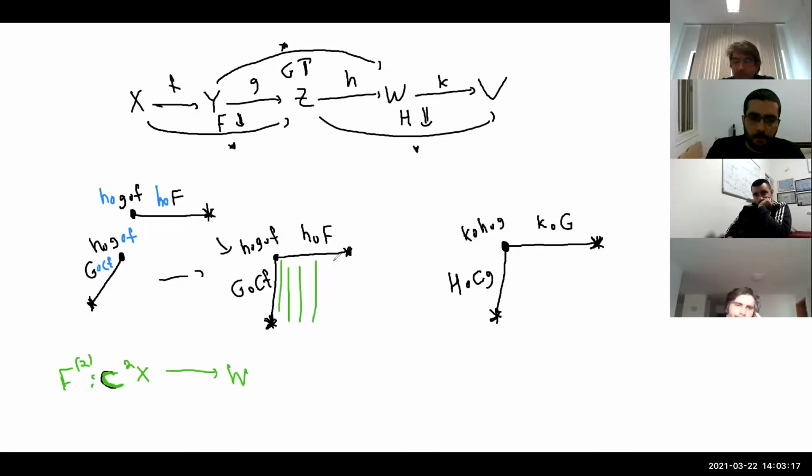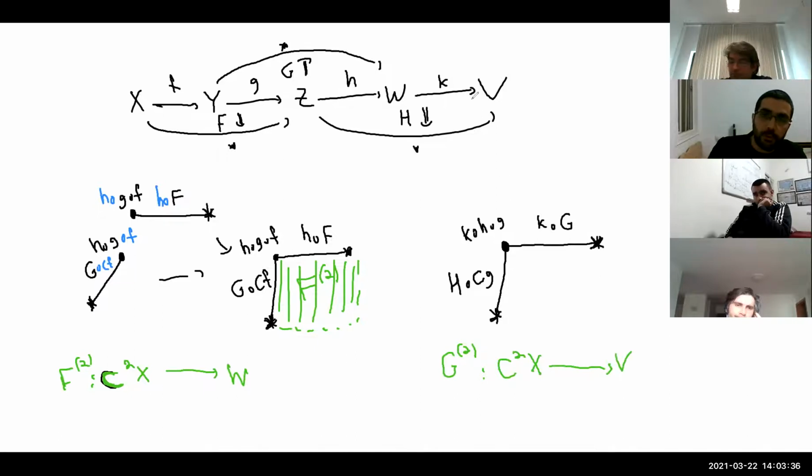Okay, so here it's one, this F2, and we must have a null homotopy for this, G2, a second order null homotopy from the double cone of Y, of course, to V.